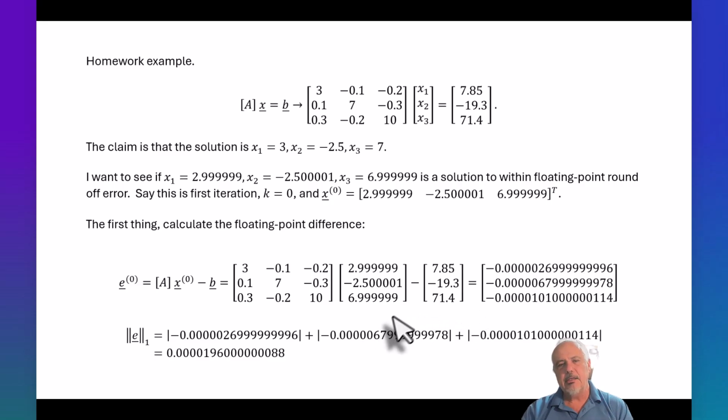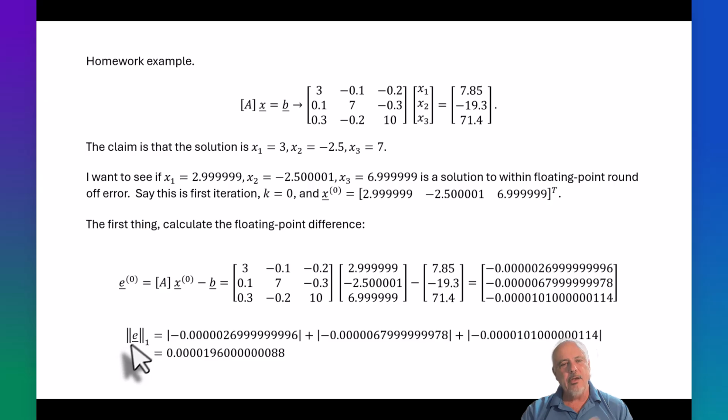When I do the matrix multiplication and carry this forward, I get these three values E1, E2, E3, my errors that represent how close these three values are to the correct answer.